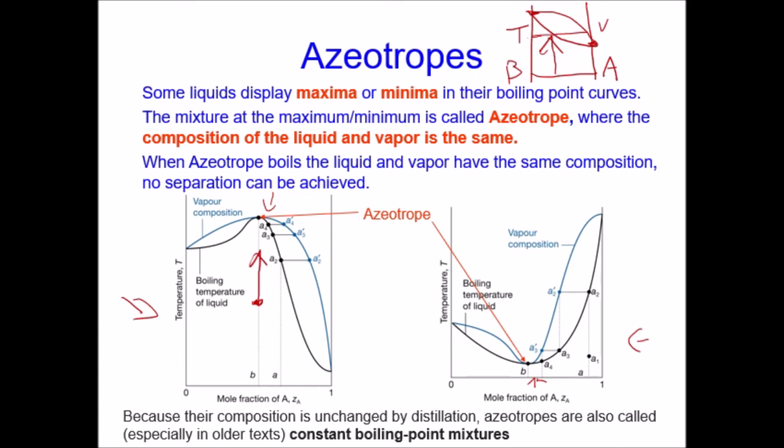It starts to boil. But since we only have one point, a maximum point, when you draw the tie line, it's still at this point. That means that the vapor composition equals the liquid composition. No separation can be achieved by distillation because the vapor phase has the same composition as the liquid phase. And the azeotrope is also called a constant boiling point mixture.